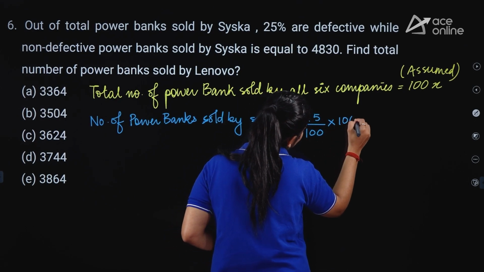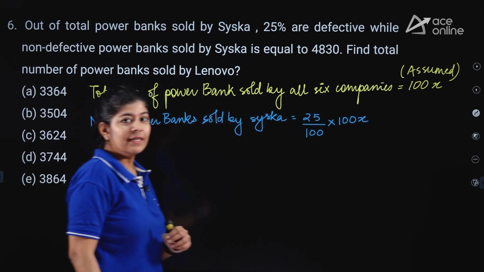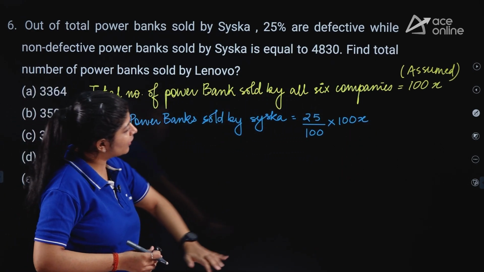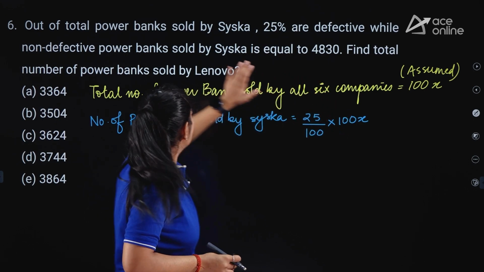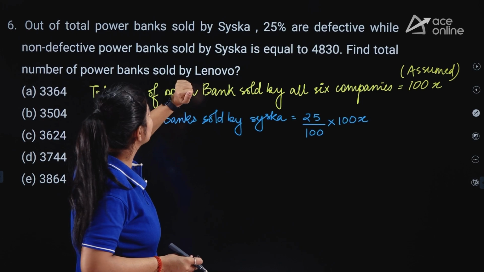Of 100x, right? But the question says that out of this bundle, the value of 75%, where we are having 75, okay.